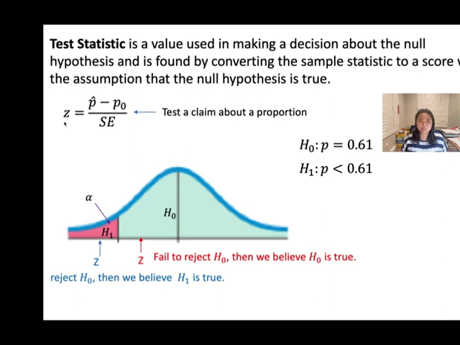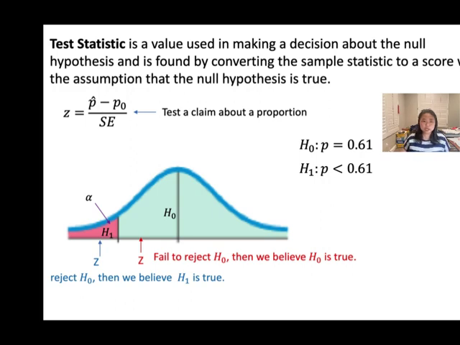If your test statistic is located in the left tail here, we reject the null hypothesis, and the alternate is true. But if your test statistic is located in here, we say fail to reject the null hypothesis, and then we believe the null hypothesis is true. And then we draw the conclusion. This is the idea of hypothesis testing.